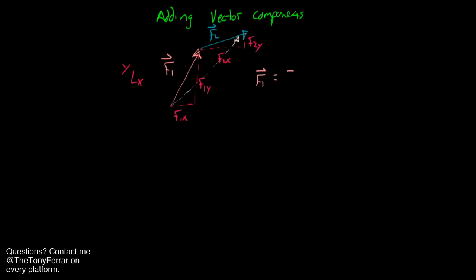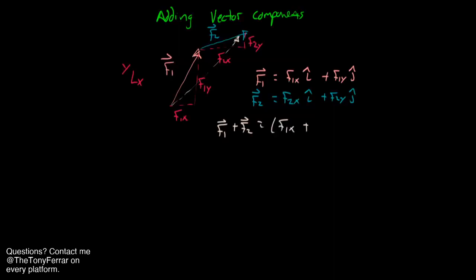So we could write F1 as F1X times I hat plus F1Y times J hat, and we could write F2 as F2X I hat plus F2Y J hat, then we could write the resultant F1 plus F2 as F1X plus F2X times I hat plus F1Y plus F2Y J hat.